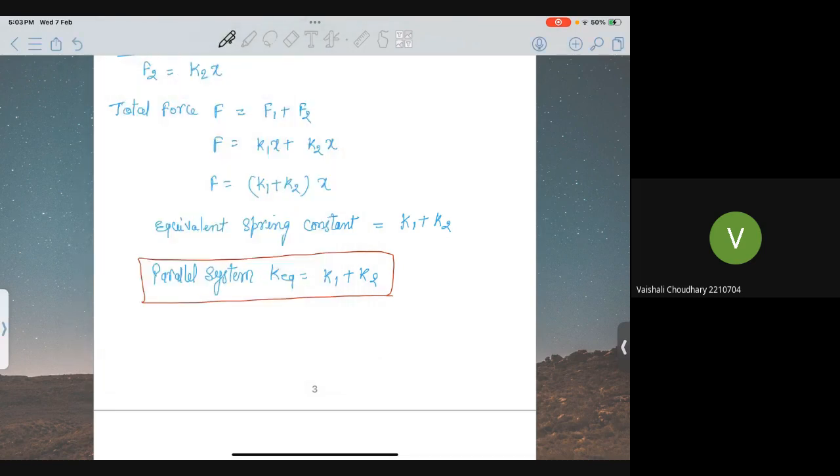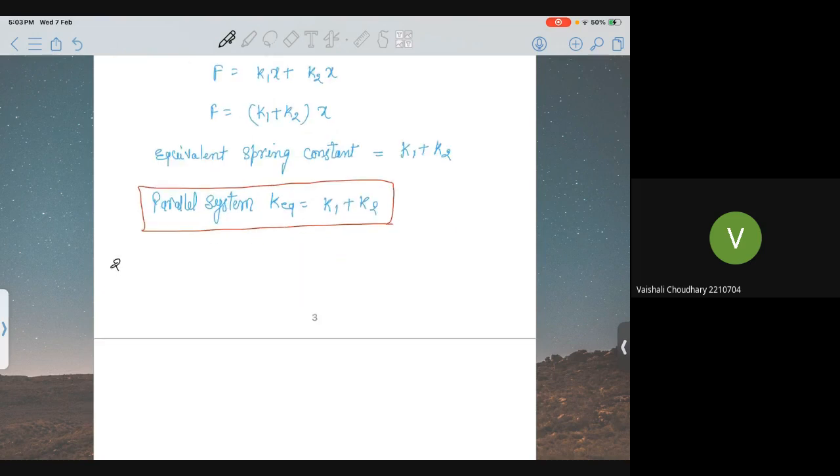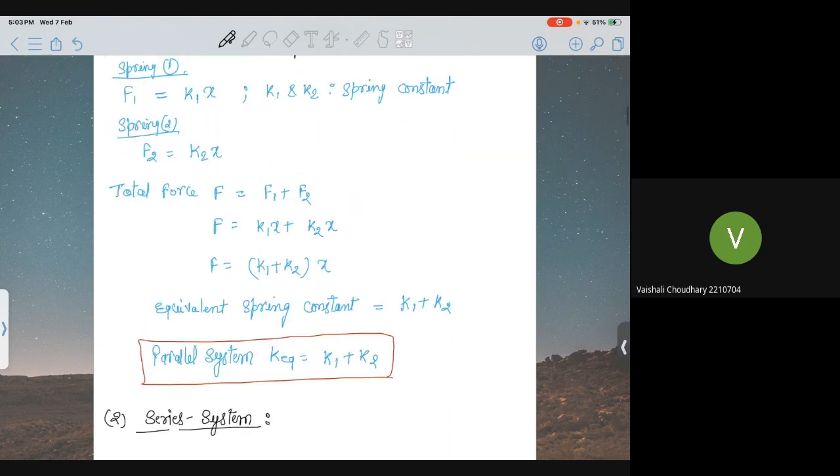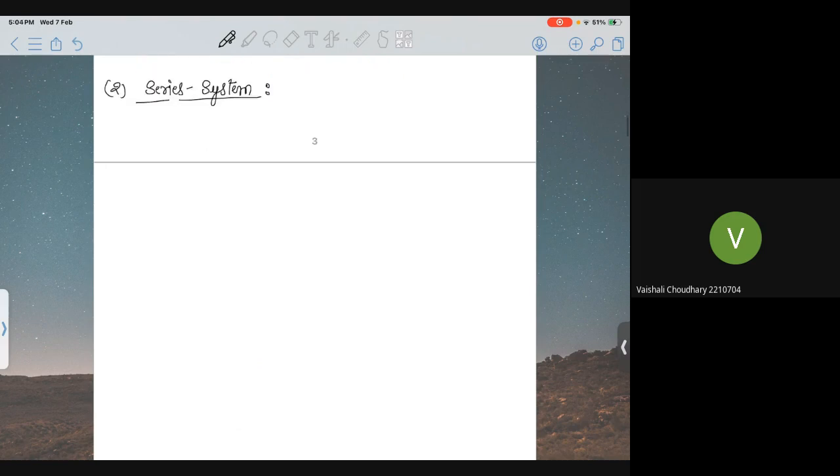Okay. Now we will move on to the series system. We'll see what happens in series systems. As the name suggests, in series systems we will connect two springs in series.